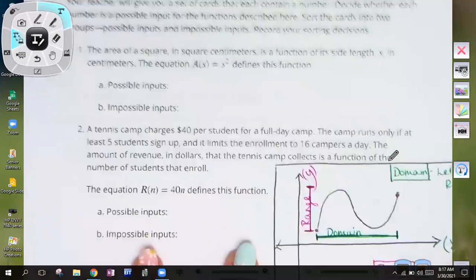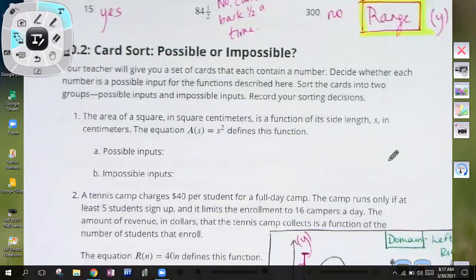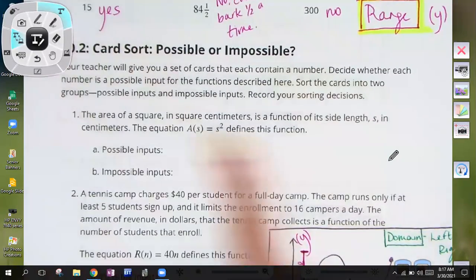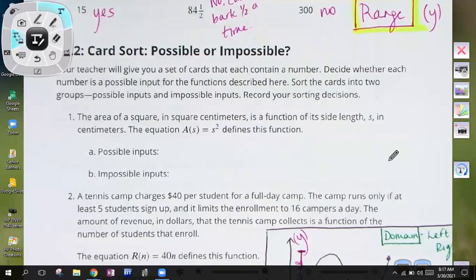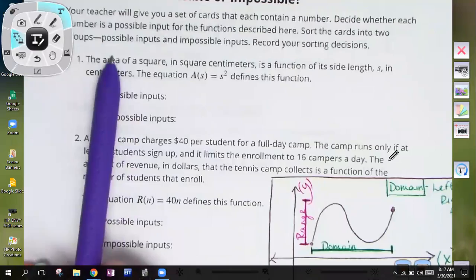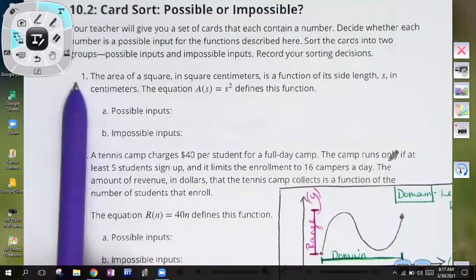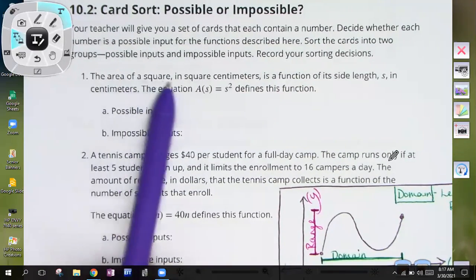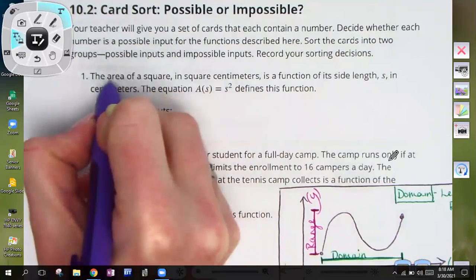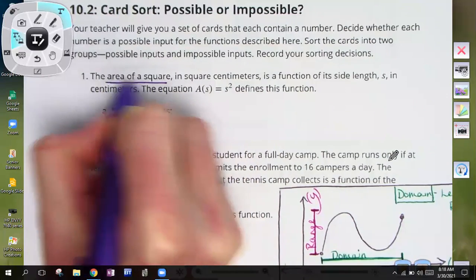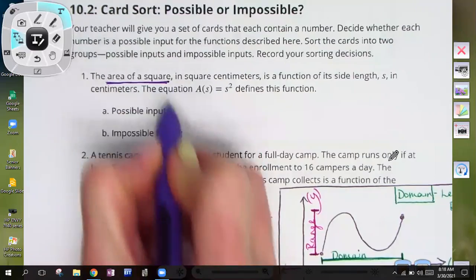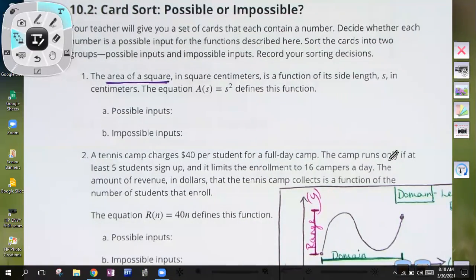Now 10.2. It says I'm going to give you a bunch of cards, but we're not going to do that. We're just going to make up our own. Number one. The area of a square, underline area of a square. That's important because there's certain things we know about a square. What do we know about a square? 4 sides. Equal sides, and they're all the same length.